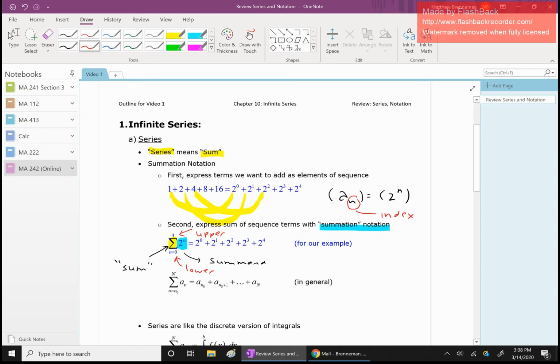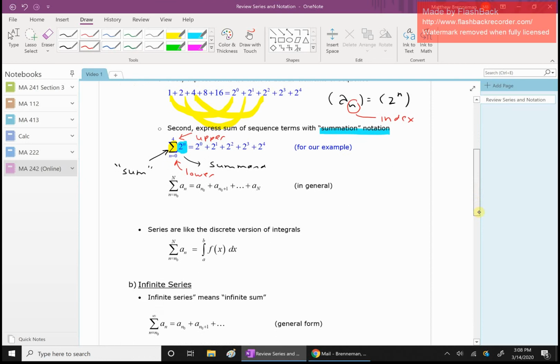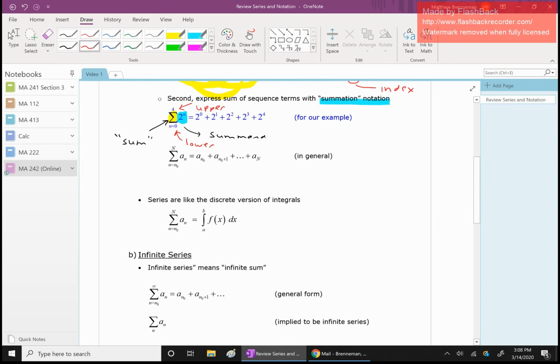And it's worthwhile noting, and in fact we're going to explore this analogy a little further when we talk about the integral test for series convergence, that a series is a lot like an integral. If you think about an integral, you can think of it as a kind of continuous sum. So here, the series is a discrete sum.